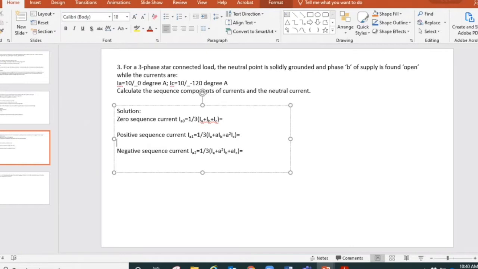Negative sequence current IA2 is again 1/3 times (IA plus A squared IB plus A IC). So we will have to calculate these values, and we'll observe and discuss why we are getting such results for these three sequence components of currents.